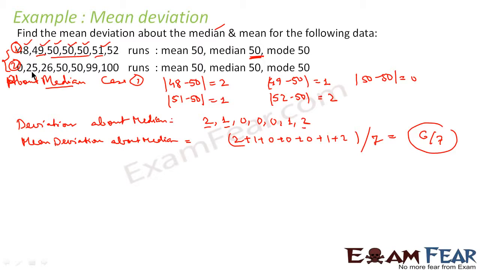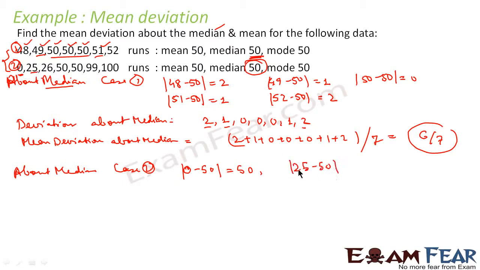Similarly, let's find the same thing for sample 2. This time it is case 2. For 0 we have to find the deviation about 50, because here also the median is 50. That is |0 minus 50|, and that comes out to be 50. Similarly for 25, it is |25 minus 50|, that is 25.